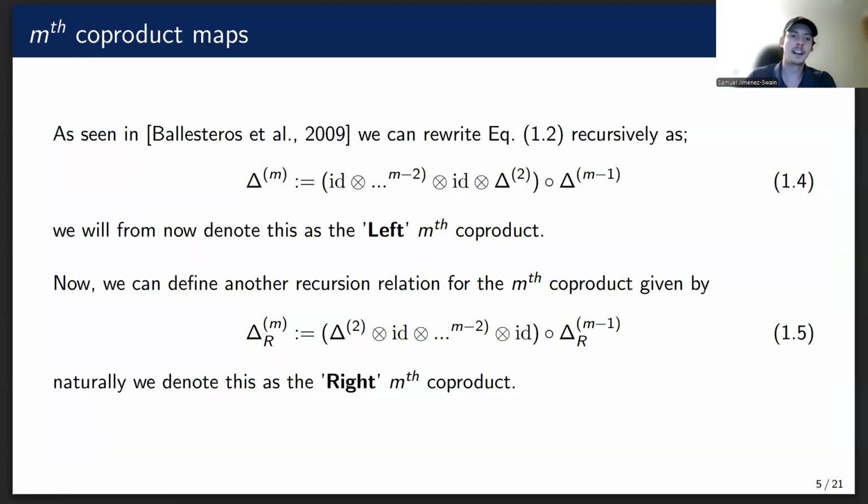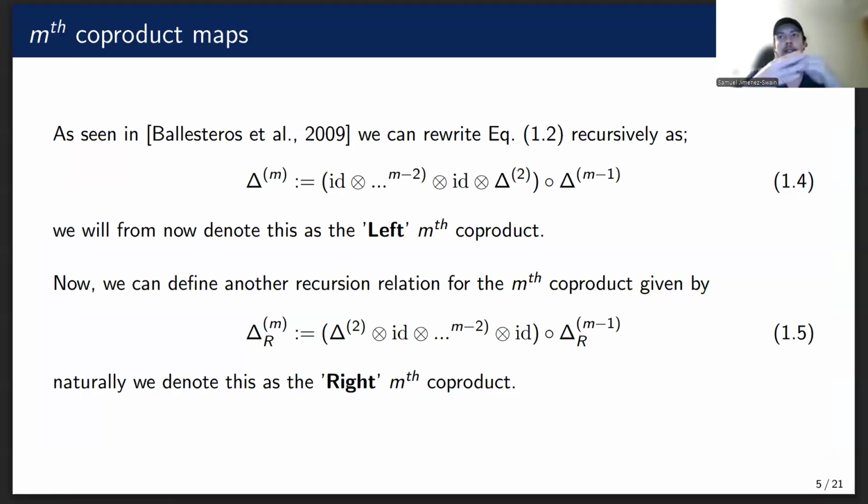Now, by iterating this coproduct, we can define higher order or nth coproduct maps that allow us to naturally study these many body systems. And there's two useful recursive conventions.